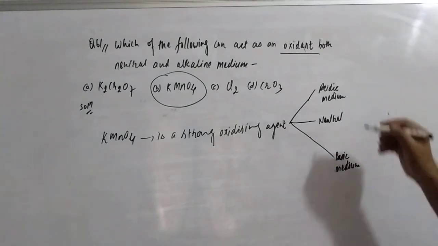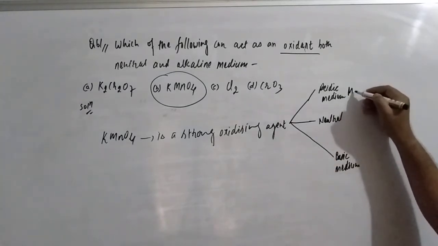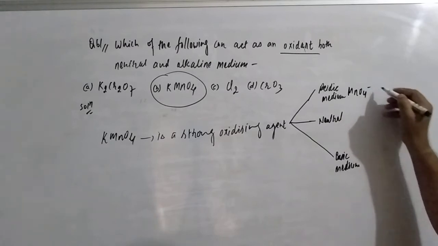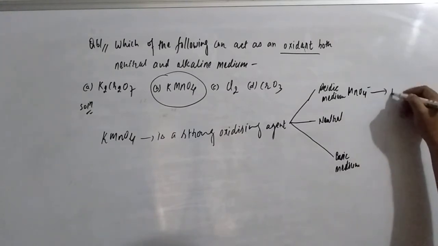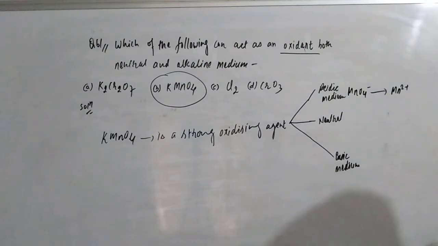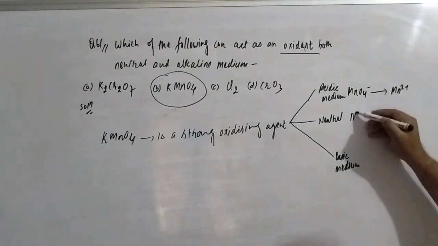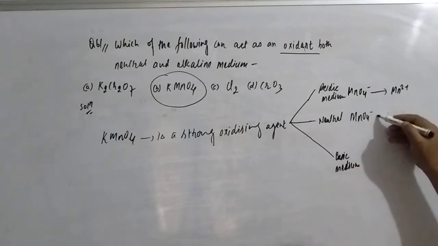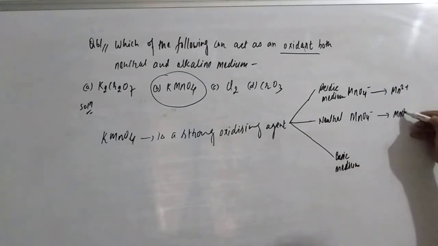In acidic medium, MnO4 minus converts into Mn2+. In neutral medium, MnO4 minus converts into MnO2.